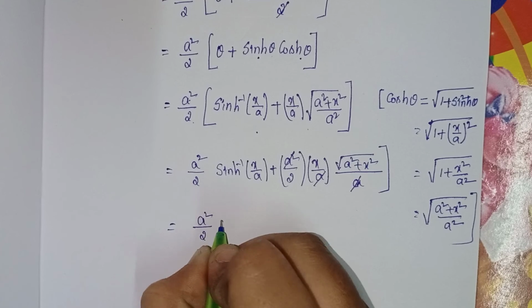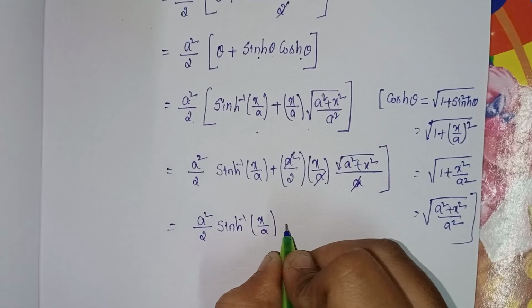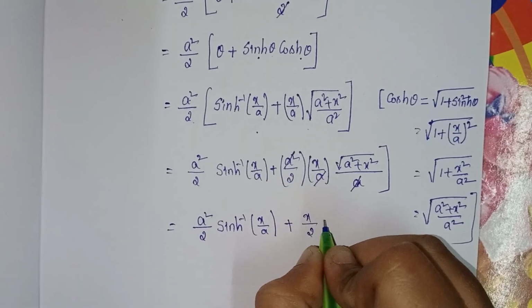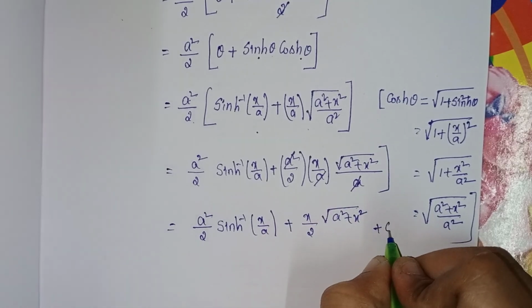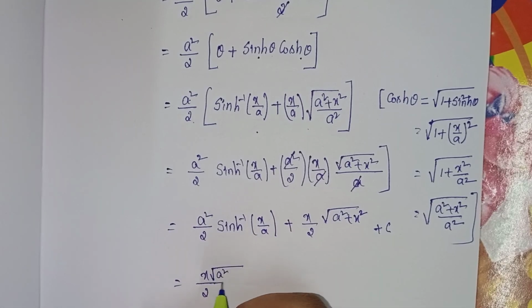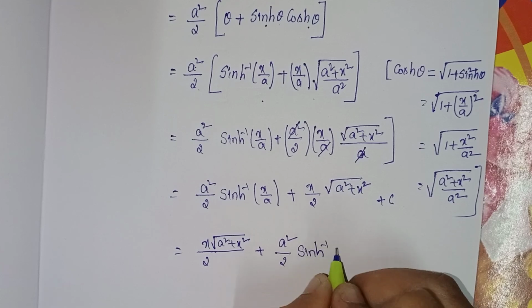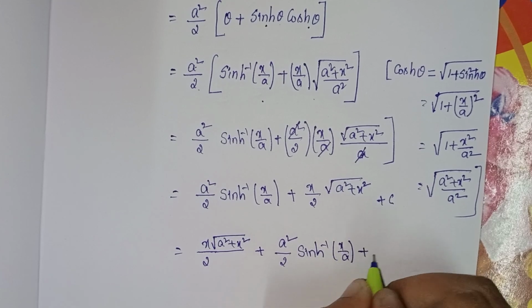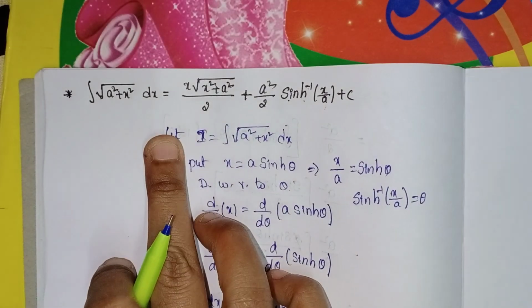A square by 2 into sinh inverse of x by a plus x by 2 into root a square plus x square plus integral constant. Or you can write this term first: x by 2 into root a square plus x square plus a square by 2 into sinh inverse of x by a plus c. So this is the required proof of this formula.